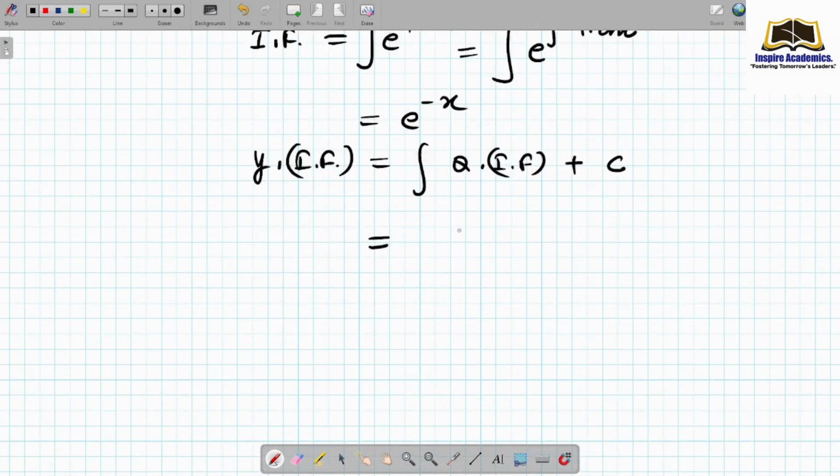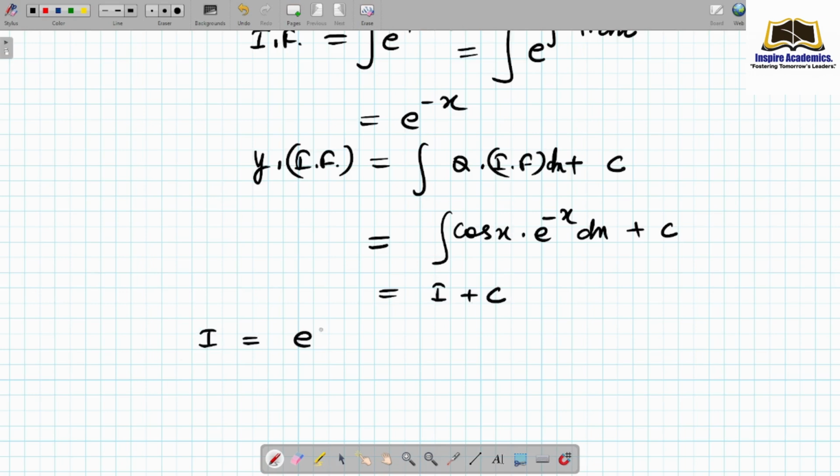So we will write cos x into e power minus x dx, okay, and plus some sort of c. Let me write it I plus c, where I is integration of e power minus x cos x dx.